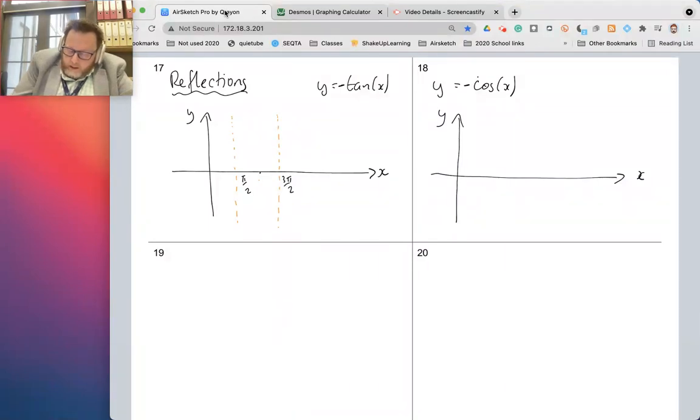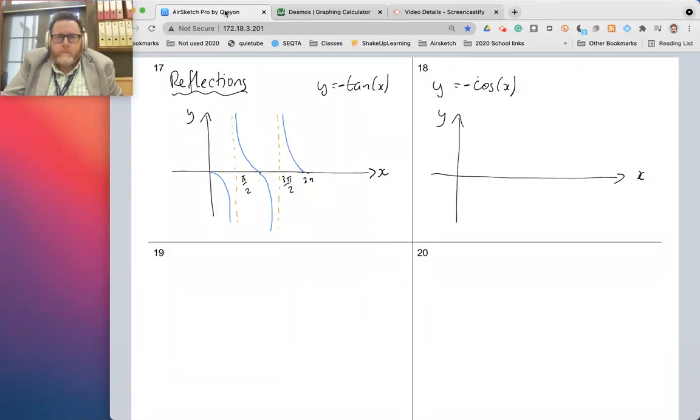And then I'm going to have 4 pi on 2 here, or 2 pi in other words, here. But instead of doing this, which is how I normally start, I'm just going to draw it going down like so. And then it's going to be like this, and then like this, and then like this. And I'm done. Okay, so that's how I do that one.